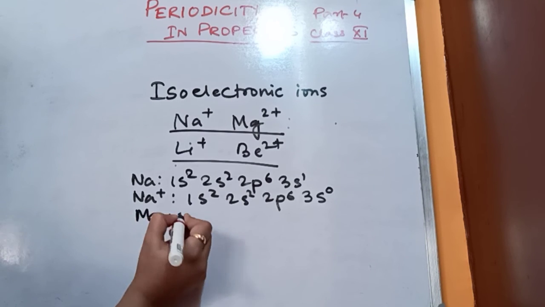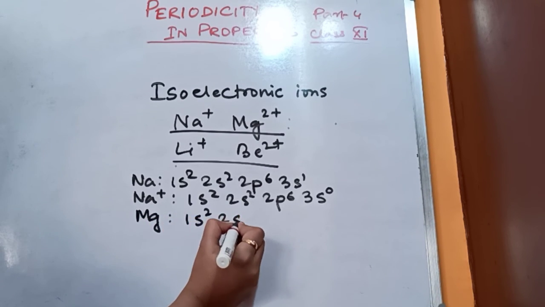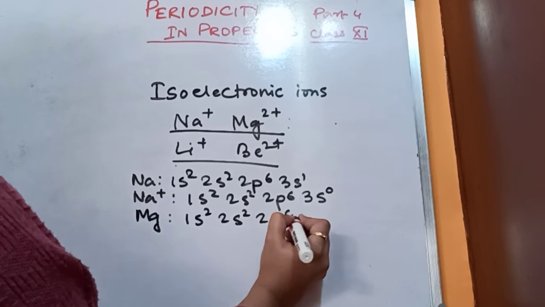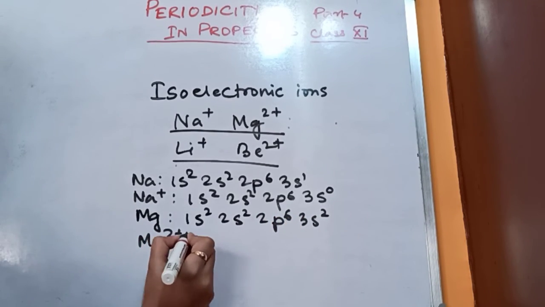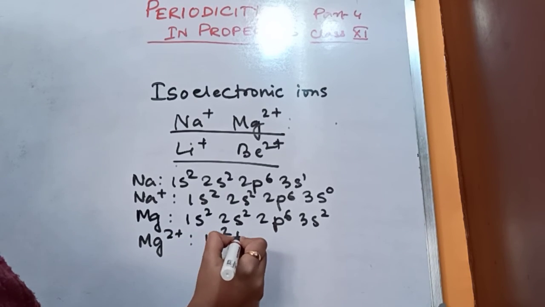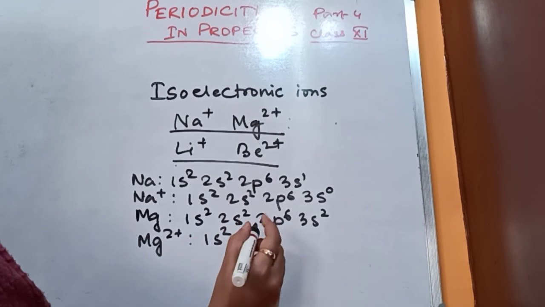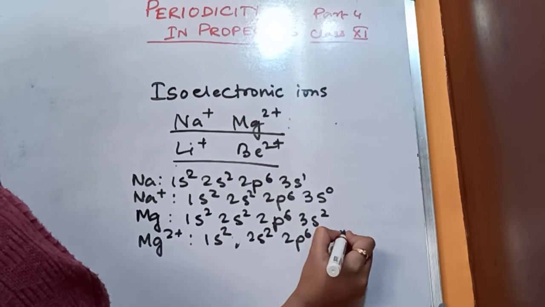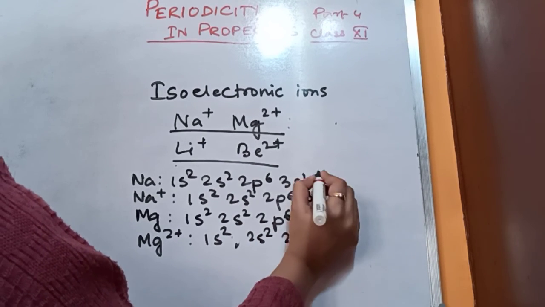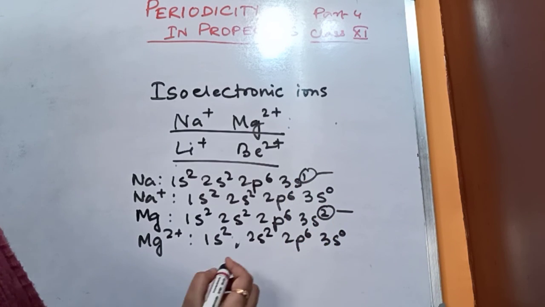For Mg, it was 1s2, 2s2, 2p6, 3s2. But for Mg2+, it is 1s2, 2s2, 2p6, 3s0, because the last two electrons are removed.